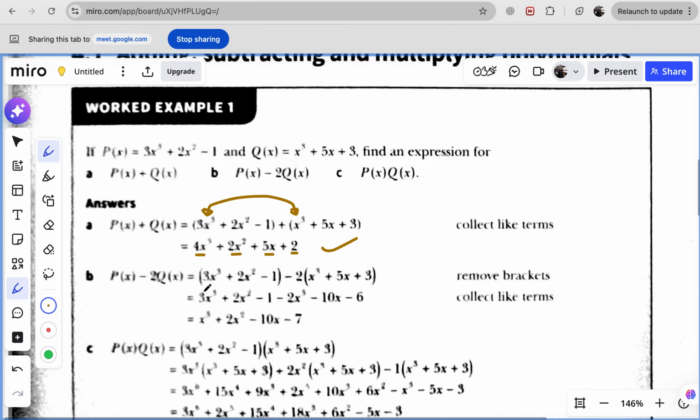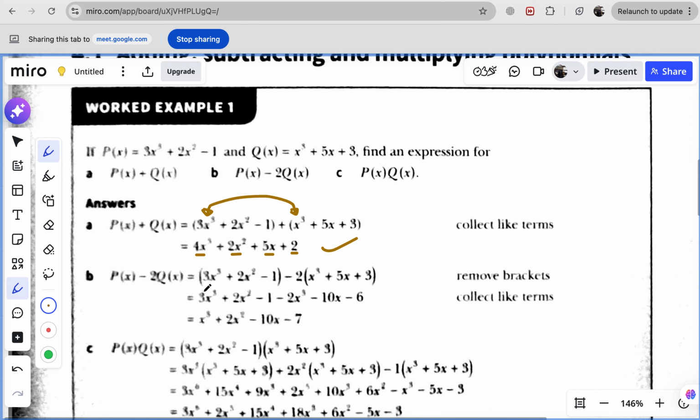Then you take 3x to the power of 3 times 3. That one will just give you 9x to the power of 3. And then we move to this one, 2x squared. 2x squared times x to the power of 3, you get 2x to the power of 5. Then 2x squared times 5x will give us this 6x squared.